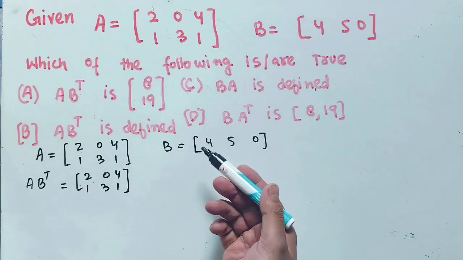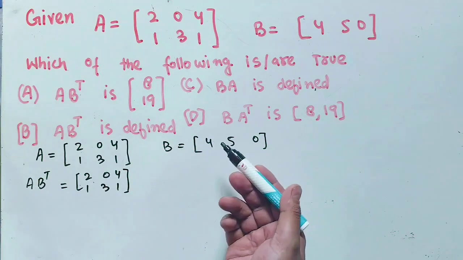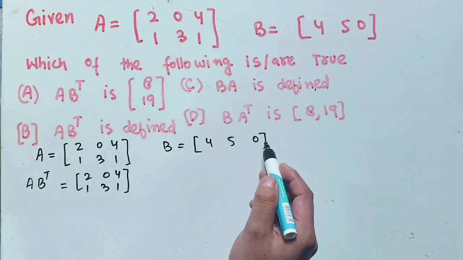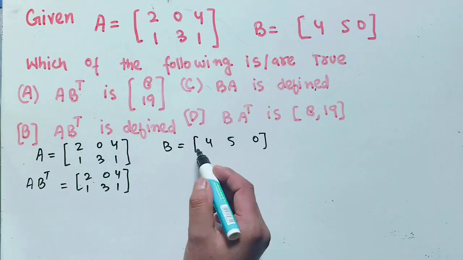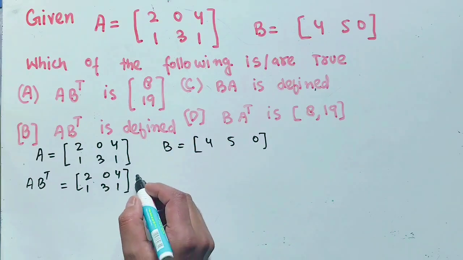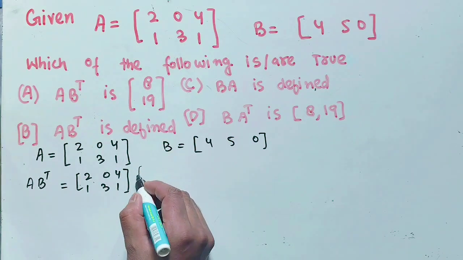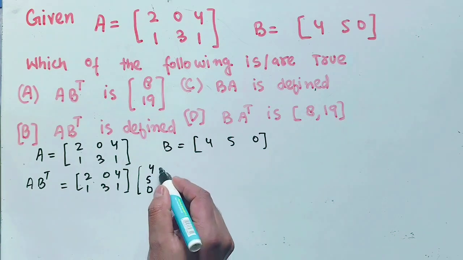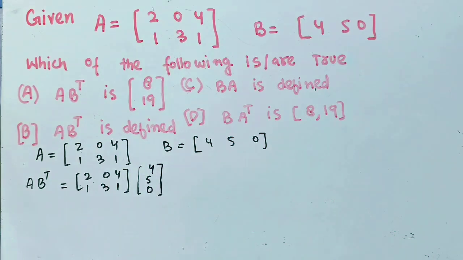By transpose of a matrix we mean when we interchange columns with rows or rows with columns, we get the transpose. So if this is a row matrix, it becomes a column matrix. So we have 4, 5, 0. Interchanging rows with columns or columns with rows gives us the transpose.